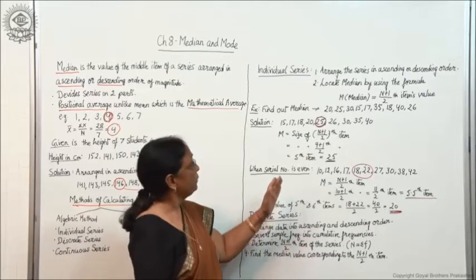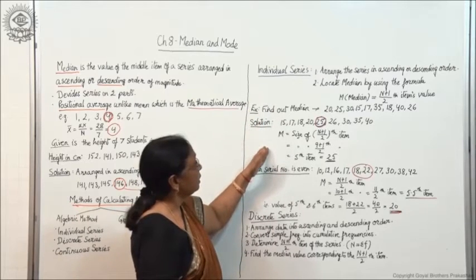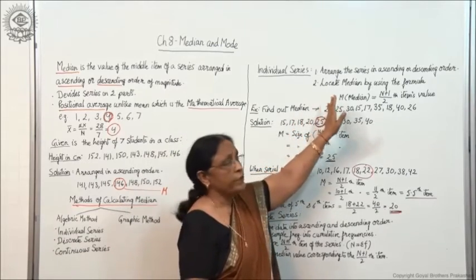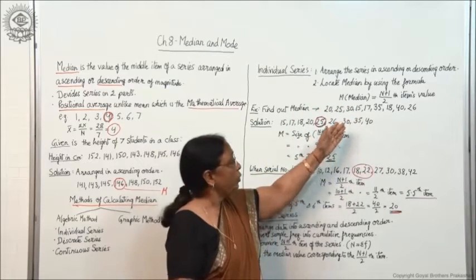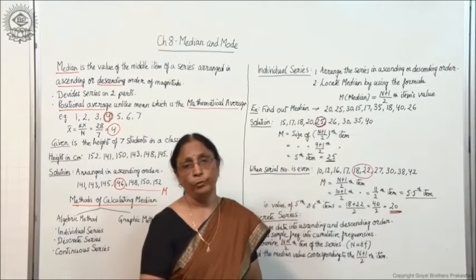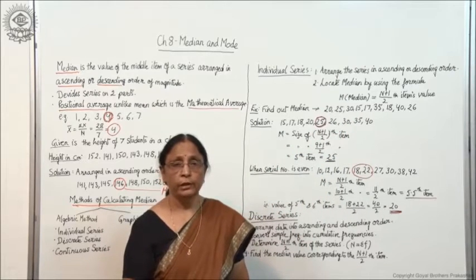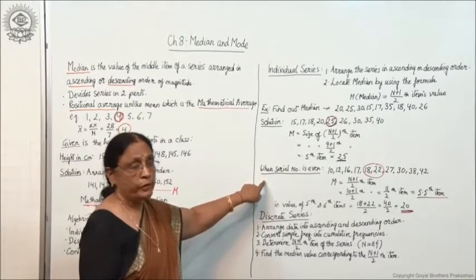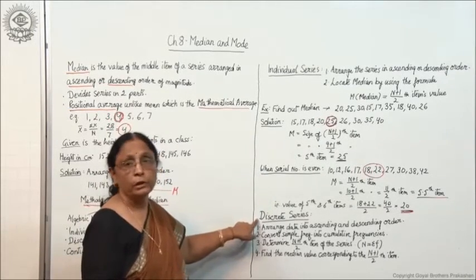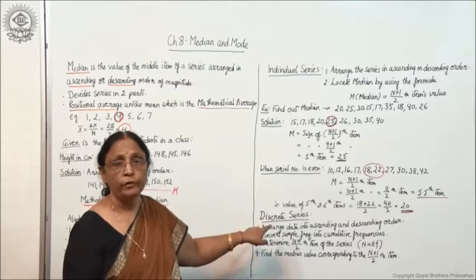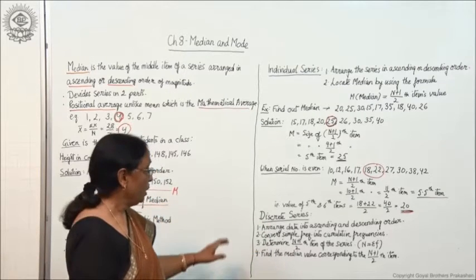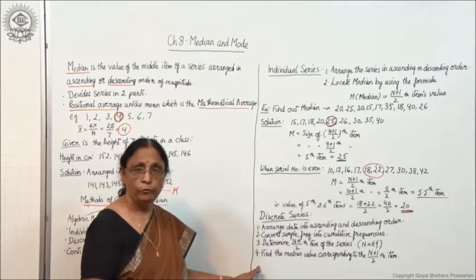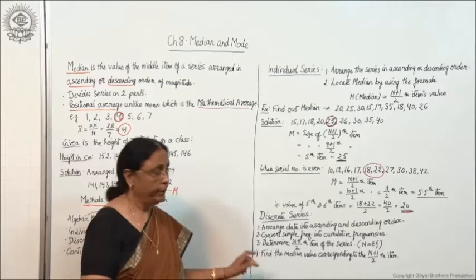So in the case of an individual series, it is very easy to calculate the median after arranging the data in either ascending or descending order and applying the formula, and you will get the correct value of the median. Now after learning about individual series, we will see how the median is calculated in the case of a discrete series. In the case of a discrete series, these are the steps you are supposed to follow for calculation of the median.